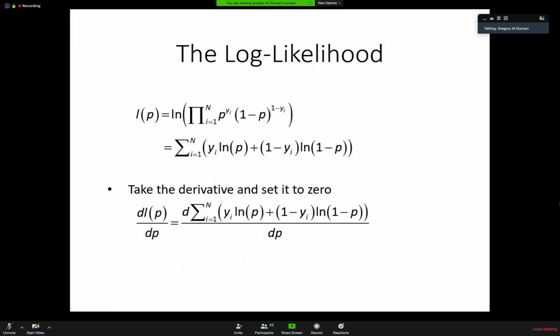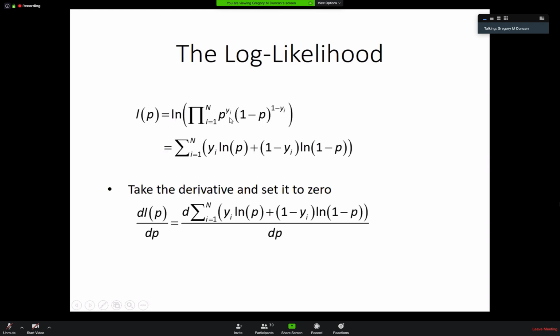Okay. So we have little LP, the log of the likelihood. It's called the log likelihood. It converts products to sums. So sum log of P^yi plus log of (1 minus P)^(1 minus yi).